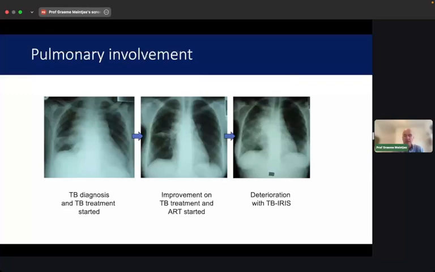The patient then starts TB treatment, and in the middle chest x-ray there's been substantial improvement. Then he starts ART and presents with recurrence of respiratory symptoms and night sweats, and you can see that the right-sided infiltrate is a lot worse. So that's a typical case of paradoxical TB-RS: improving on TB treatment, deteriorating with inflammatory features after starting ART.